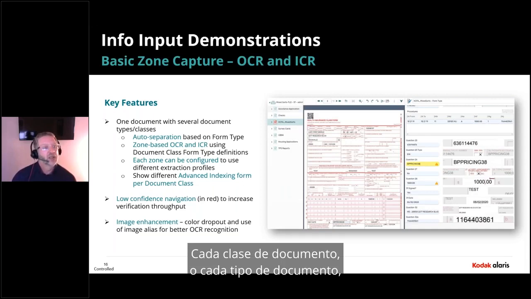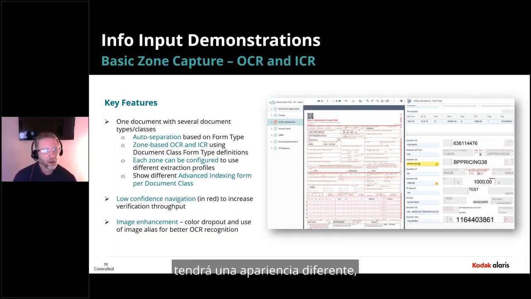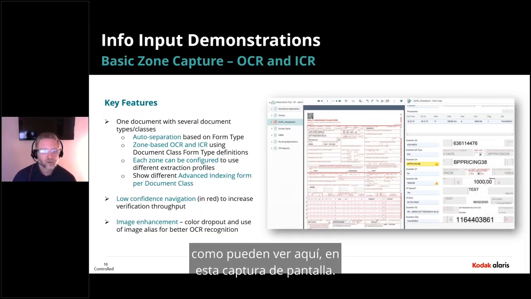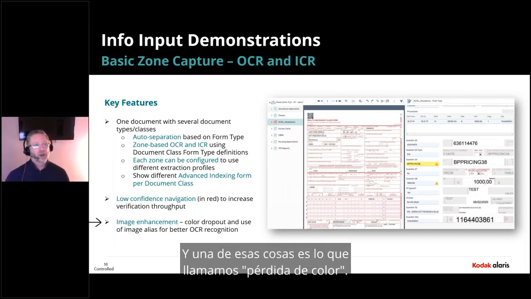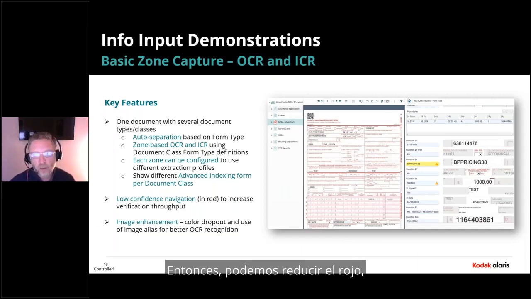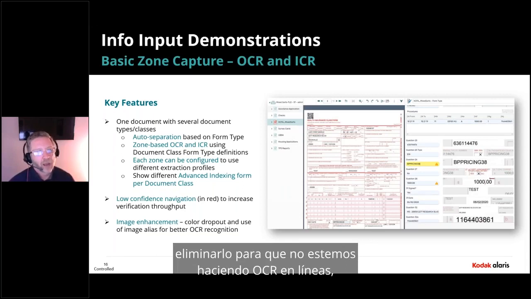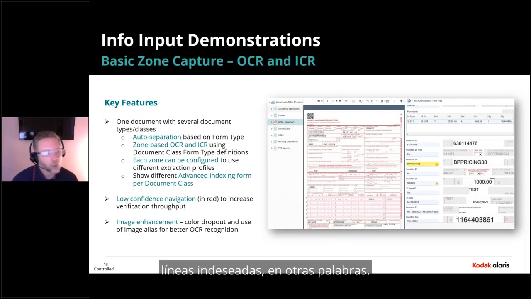Each document class or each document type will have a different look and feel, like you can see here in this screenshot. Now, in this particular HCFA form, we do offer full image enhancement. And one of those things is what we call a color dropout. So we can reduce the red, remove that so that we're not OCRing rogue lines and other words.